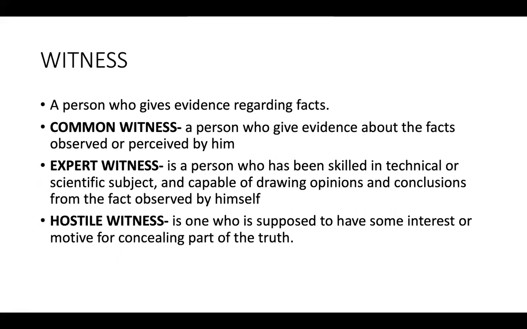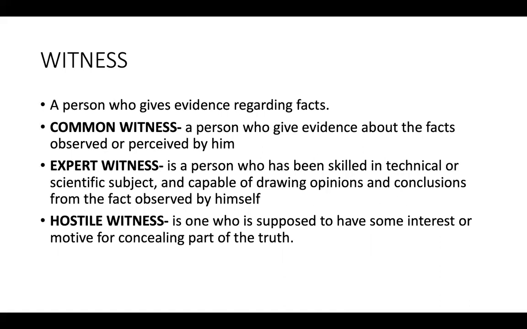Next is witness. Witness is a person who gives evidence regarding the fact. The person who gives evidence, that is witness. So witnesses are classified into three types: common witness, expert witness, and hostile witness. Common witness means a person who gives evidence about the fact observed or perceived by him.